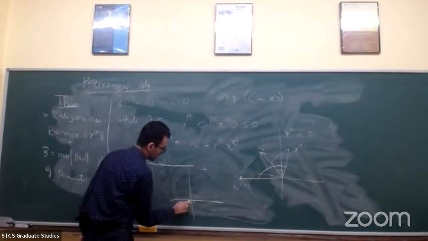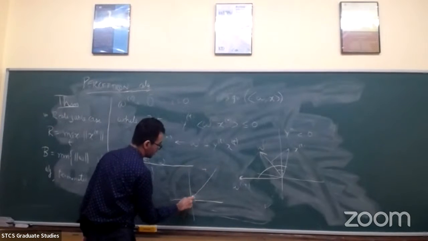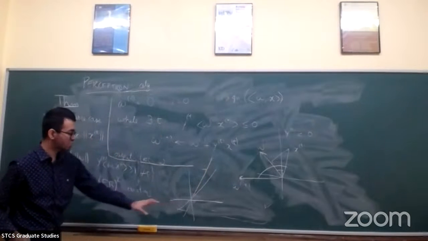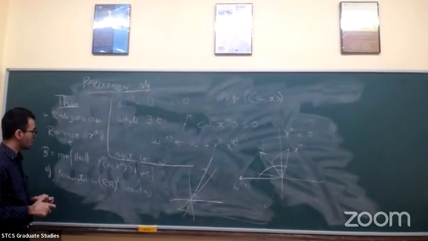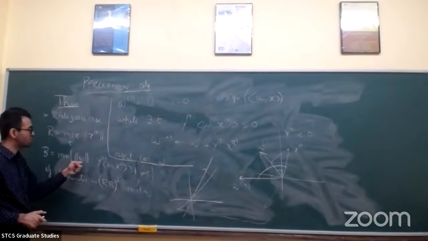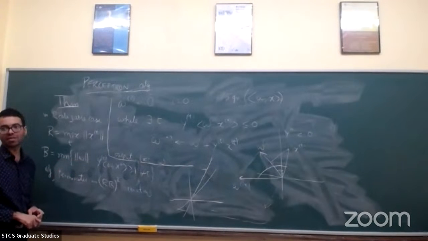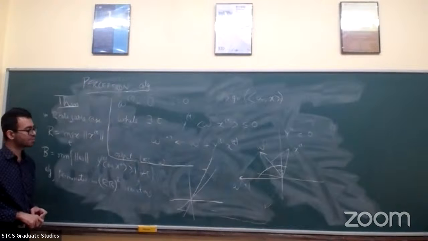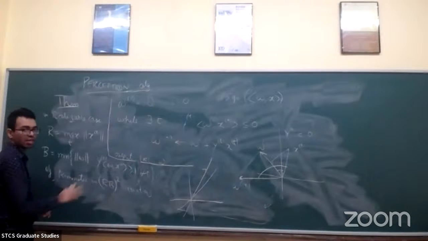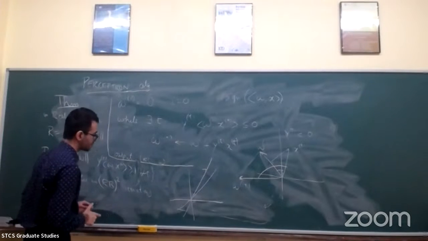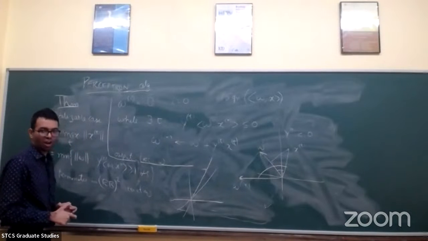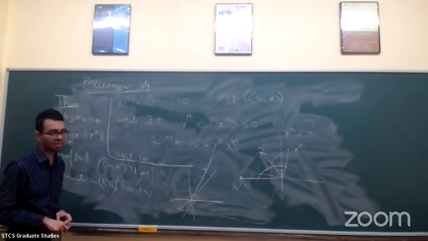You have a line like this, you have a line like that. There are many lines which do the job. Among all of them, let me take the one with the smallest W. So many lines will give me this property, and let me further pick the one with the smallest W. That will turn out to be what is called the maximum margin line.